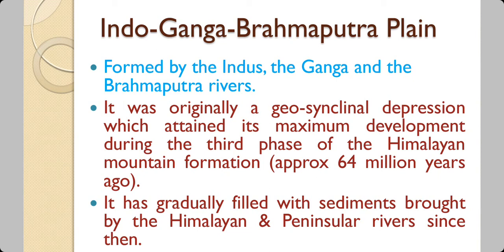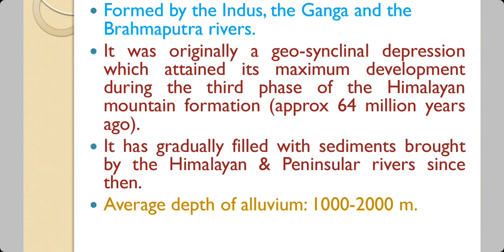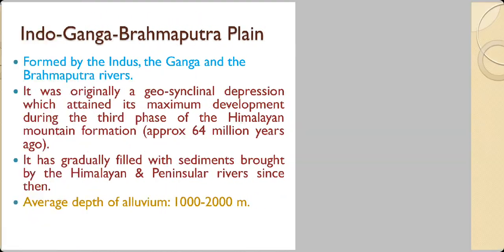When the Himalayas rose, there was a corresponding depression created in the Indian peninsular region in the north, and that got filled up with the debris which the rivers brought. And now this depression has been filled gradually with sediments brought by the Himalayan peninsular rivers since then. Now the average depth of alluvium in some places is 1000 meters and the maximum depth we can find is about 2000 meters.